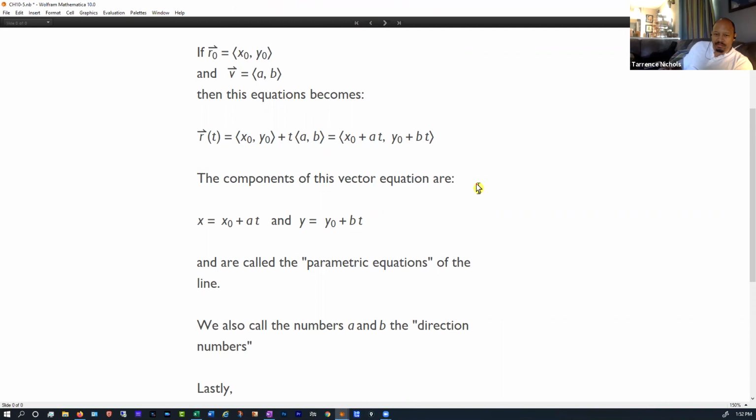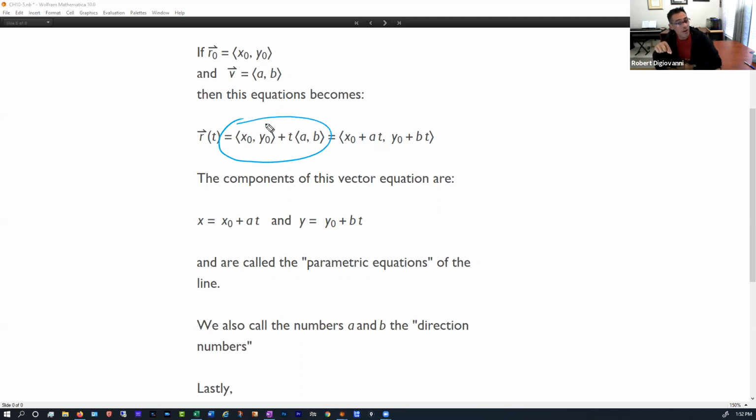Okay. So let me just do this for the whole class. If you're asked for the parametric equation of the line, what you want to do is get it out of this form, which is the form we actually have it in now, and convert it into this form, which means you want to pass the t through the parentheses and then put the vectors together.